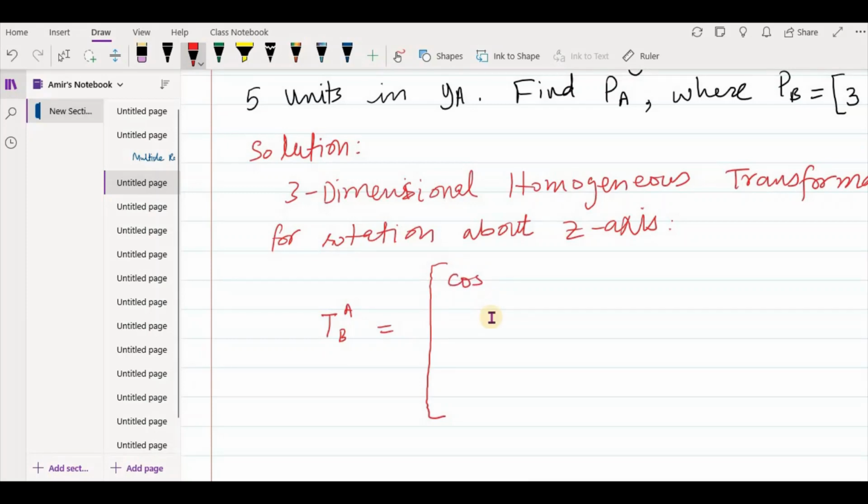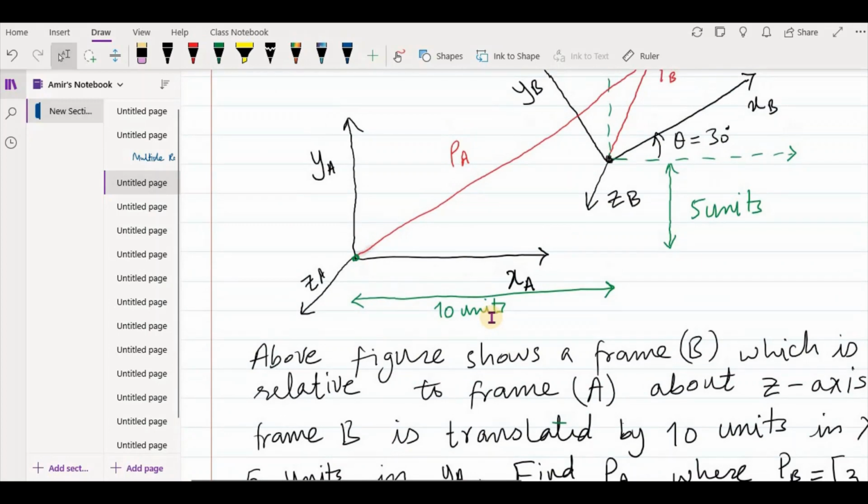Actually here, the angle we defined for rotation along the z-axis was psi. So let's first change the name and make it psi, so it's easier to understand.